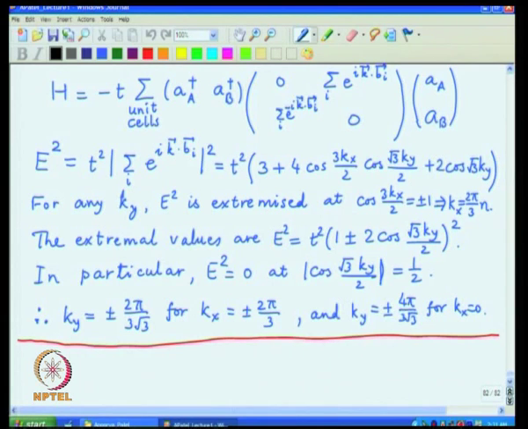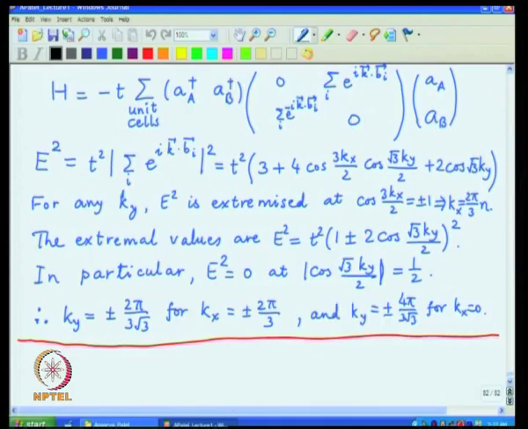In the last lecture, I worked out the band structure of graphene, and it showed that at the corners of the Brillouin zone there are 0 energy excitations possible.